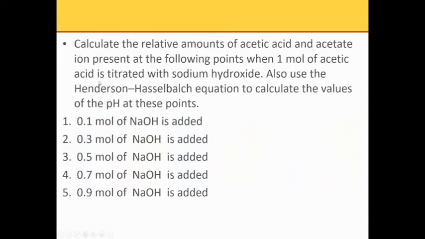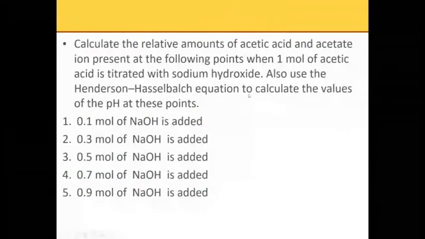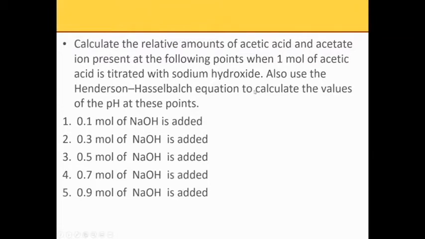But we will come to here first to show you the calculation: to calculate the relative amount of acetic acid and the acetate ion present at the following point when 1 molar of acetic acid is titrated with sodium hydroxide. Also use the Henderson-Hasselbalch equation, which is this equation, to calculate the value of pH at this point.